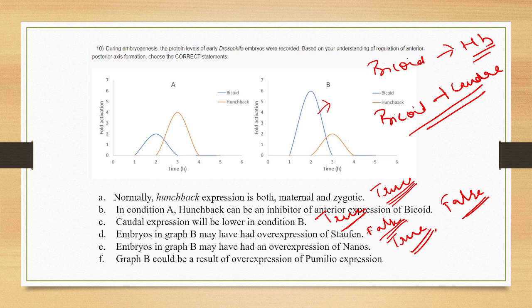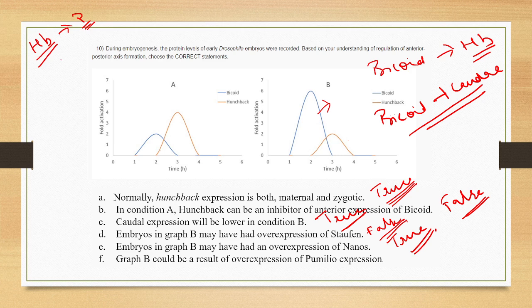And then F is graph B could be a result of overexpression of Pumilio. What is the function of Pumilio? Basically, it works with nanos to repress the hunchback translation in the posterior side. Although hunchback mRNA is present in the posterior end, hunchback protein is not formed in the posterior side. Why?